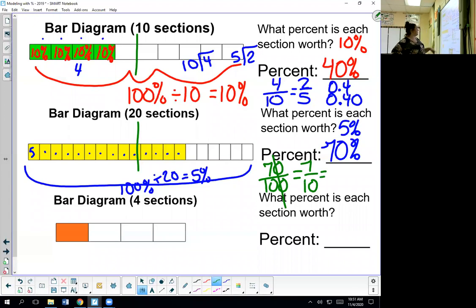But in our picture, I have 1, 2, 3, 4, 5, 6, 7, 8, 9, 10, 11, 12, 13, 14 shaded in out of 20, and you should be going, oh, yeah, I know those are equivalent because they're proportional. They have a relationship. If I multiply 7 times 2, I get 14, and if I do 10 times 2, I get 20. But the final answer as a fraction, you should have the simplified one.